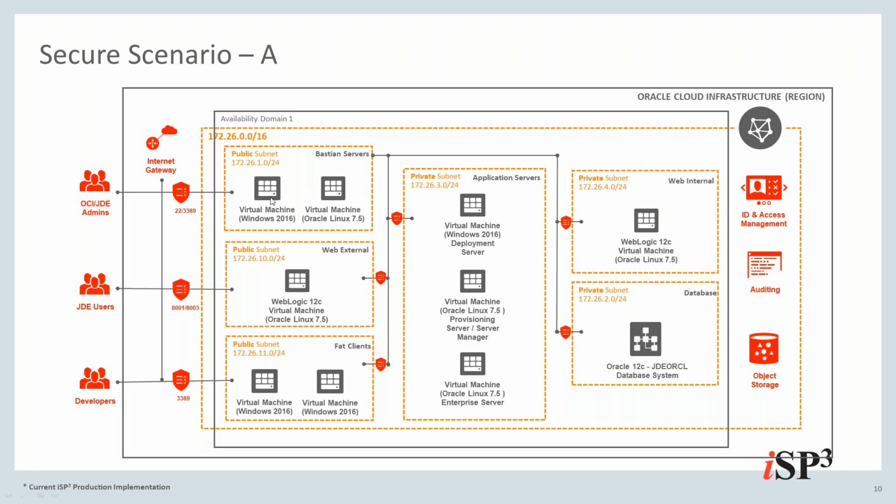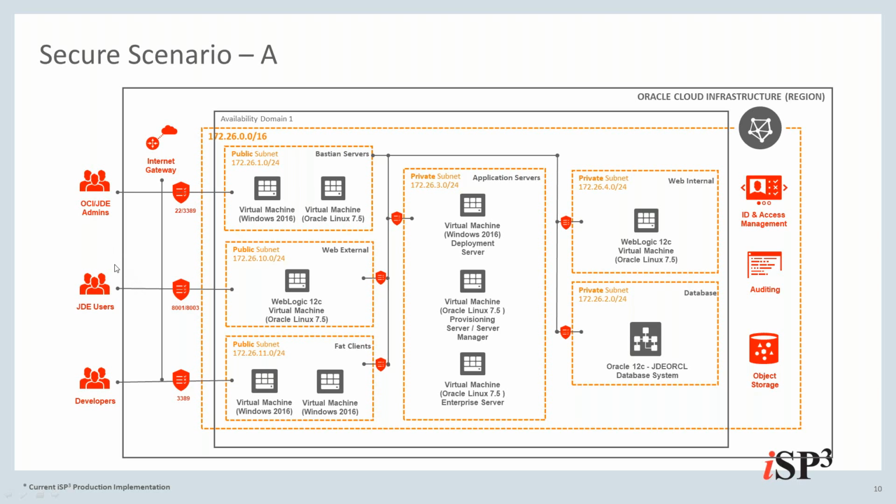If it is a GUI interface, I would go into the Windows server. If it is direct SSH, if I can do things with SSH, I will jump into the Linux server. This is where I go first for the maintenance task. Once I am in, I have full access to all the other servers so that I can do my maintenance work.